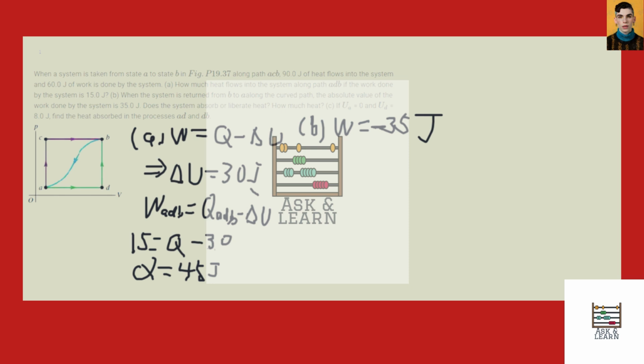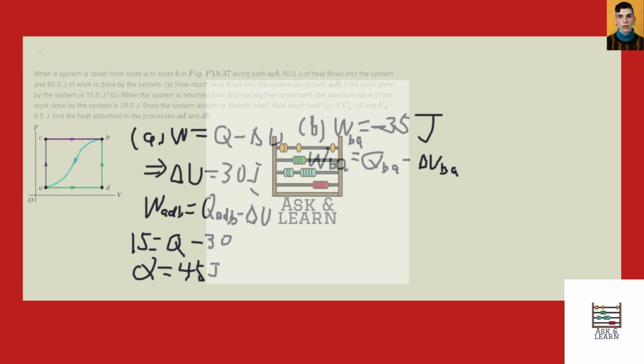According to the first thermal law, W BA equal to Q BA minus delta U BA.